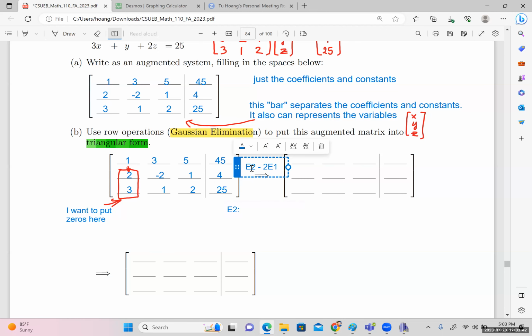Instead of using E, I'm going to use R as a row. Row 2 in here.